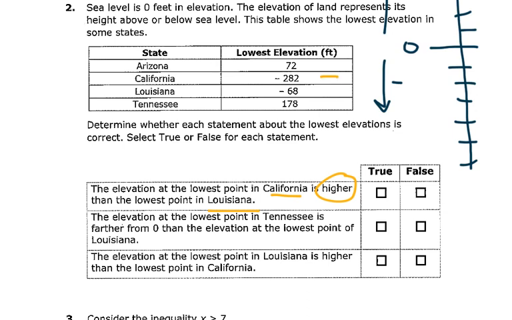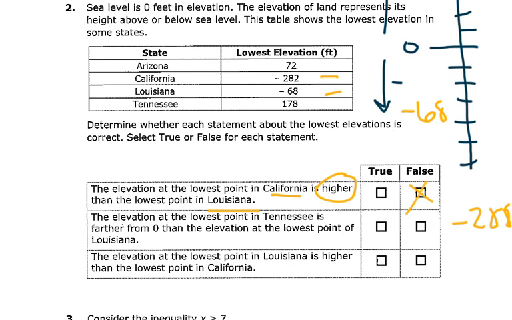California is negative 282, and Louisiana is negative 68. Okay, so is California higher than Louisiana? No, because negative 282 is all the way down here, and then negative 68 is somewhere up here. So is that true? No, it's false.